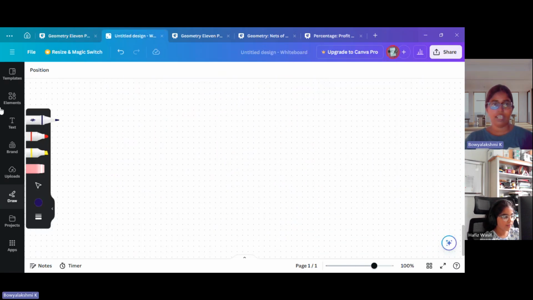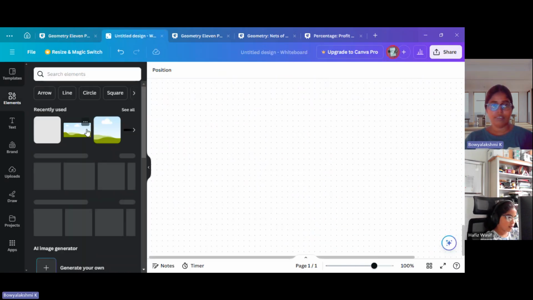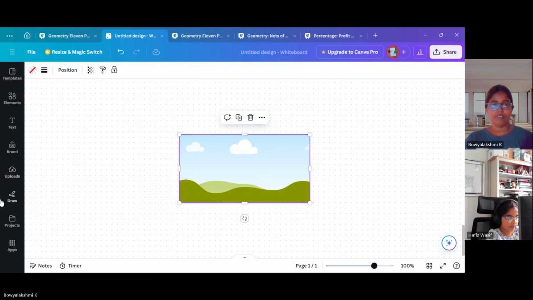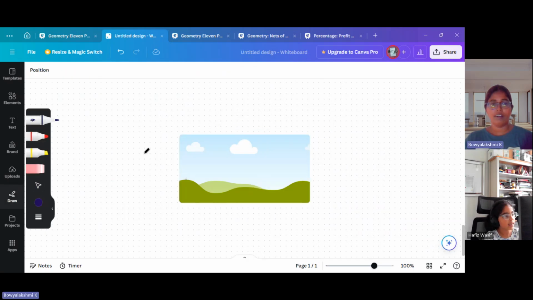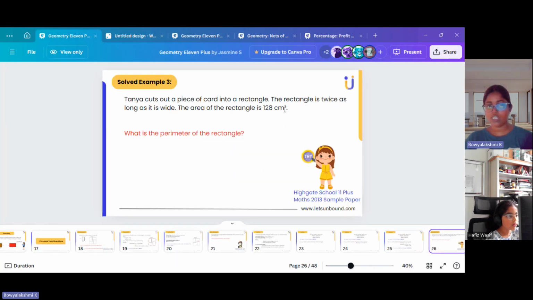Let's get into this. Take a rectangle. Length, I don't know. L. Width, I don't know. But area, I know it is 128 square units. Getting back to the question. The rectangle is twice as long as wide.